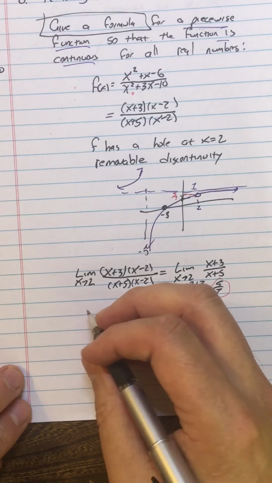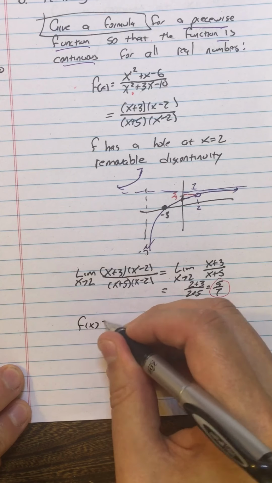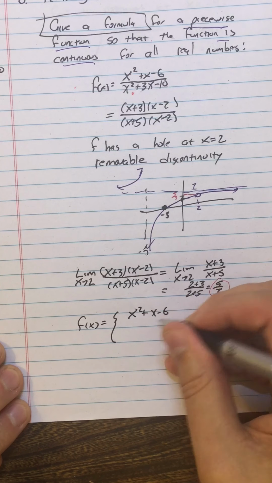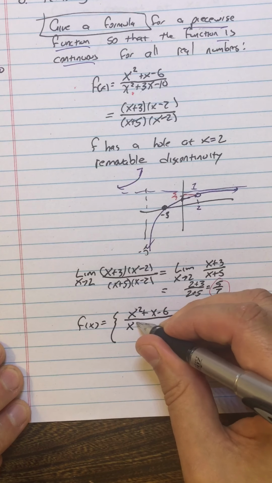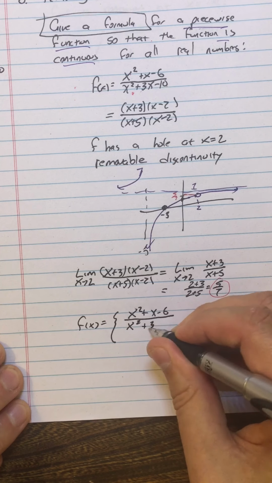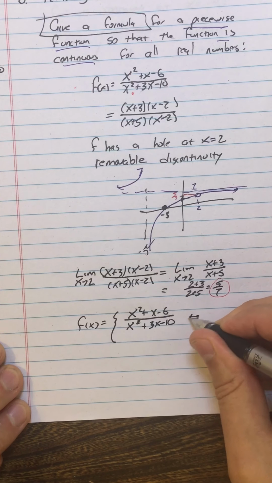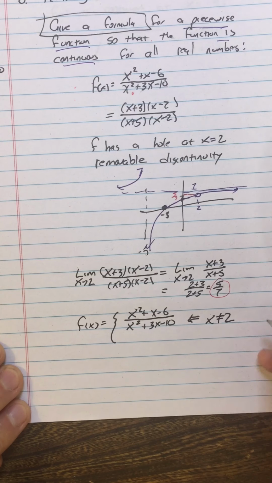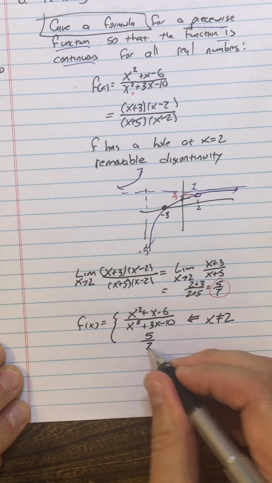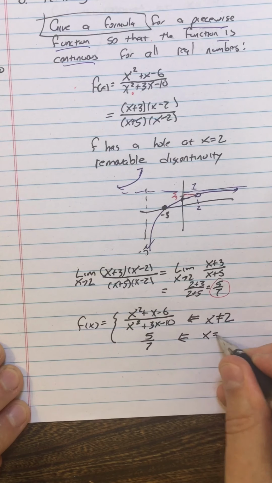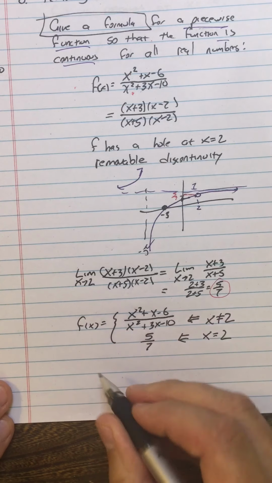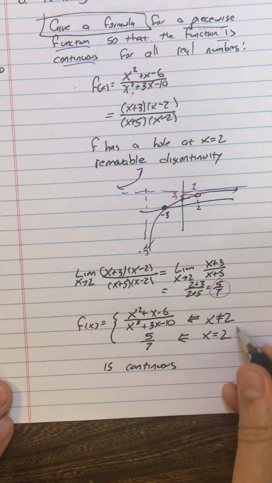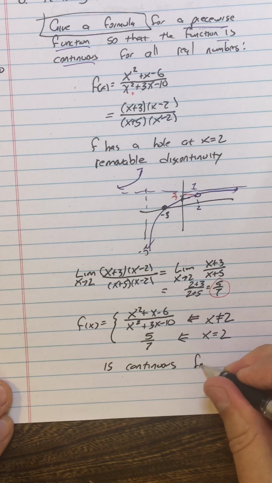But if we define a new function, if we define f of x equals x squared plus x minus 6 over x squared plus 3x minus 10, when x does not equal 2, and 5/7 when x does equal 2, this function is continuous, and it's not only continuous at x equals 2, it's actually continuous for all real numbers.